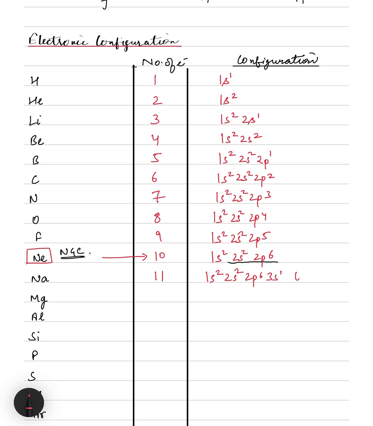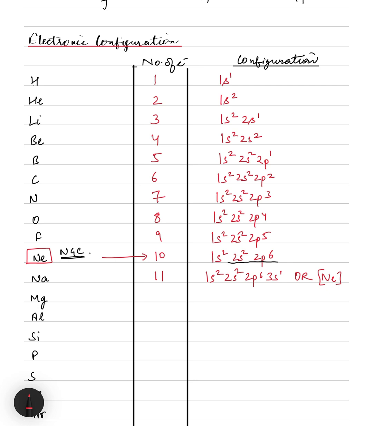Another way is that just before sodium, which noble gas is appearing, right? So we'll use that noble gas as the reference. Since here neon is the noble gas and it is a reference, we'll take it as a reference that up to neon, 10 electrons are already filled, and up to neon all the subshells are completely filled.